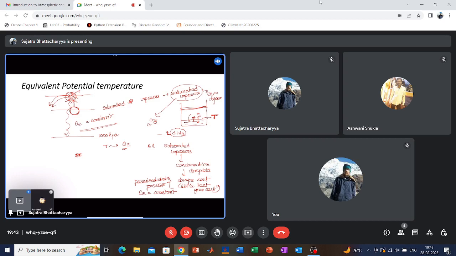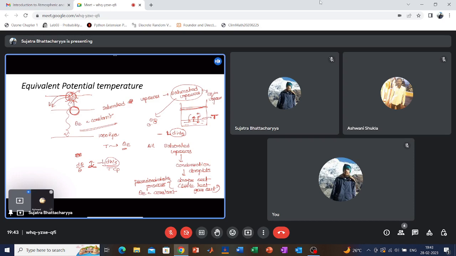So there is an expression, I think d theta by theta tends to increase with dws with a minus, something like L dws by some T cp maybe. So what is happening when dws means the saturated vapors are decreasing?